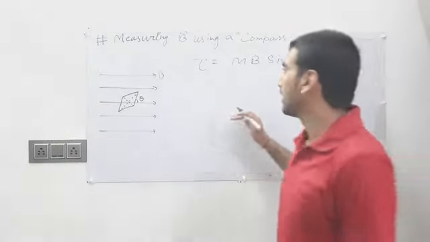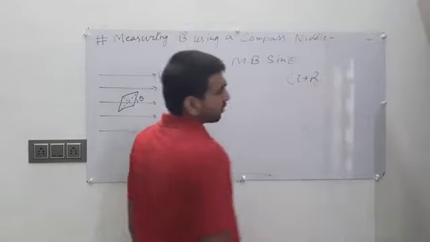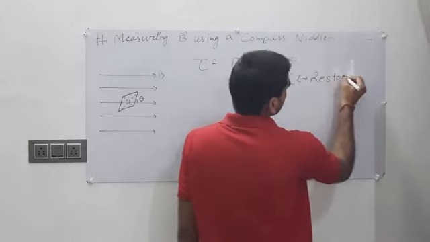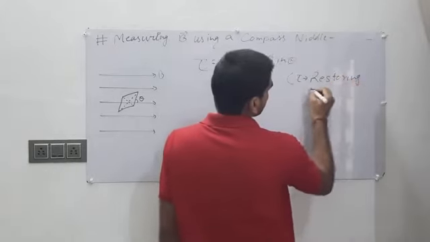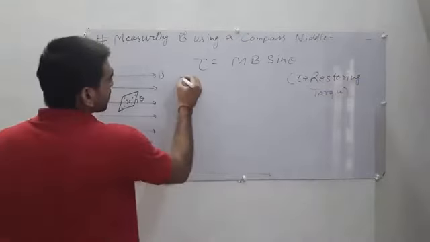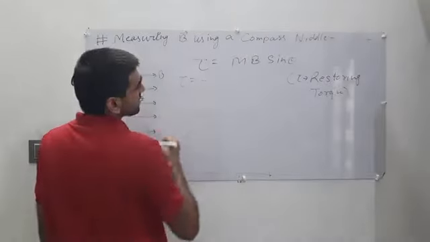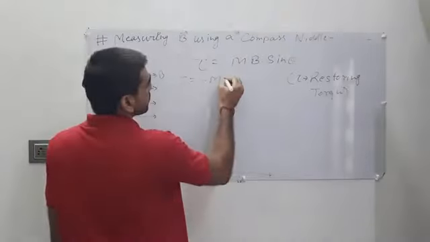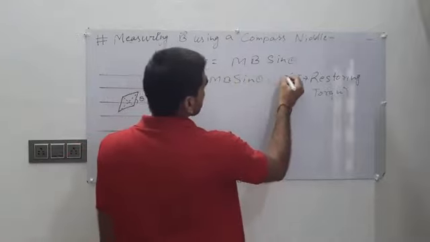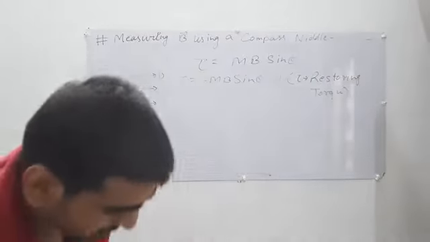That's why, if we denote tau as restoring torque, it can also be written with a minus sign as minus m into b and sin theta. So this is equation number 1.